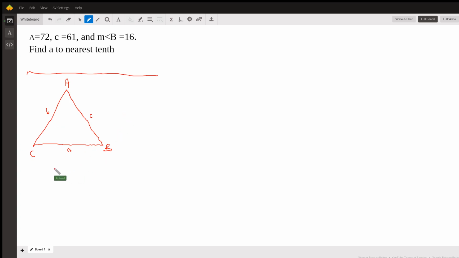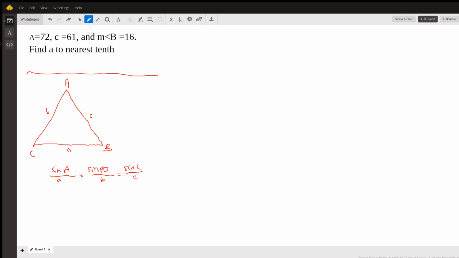And the law of sines says that the sine of angle A over its opposite side is equal to the sine of angle B over its opposite side, and that in turn is equal to the sine of angle C over its opposite side. So that's what we're going to use here for this particular problem.